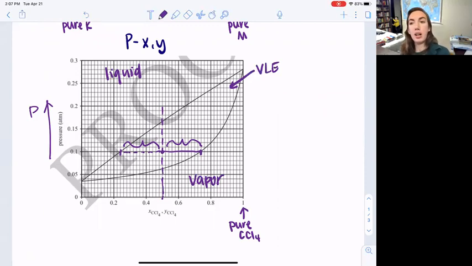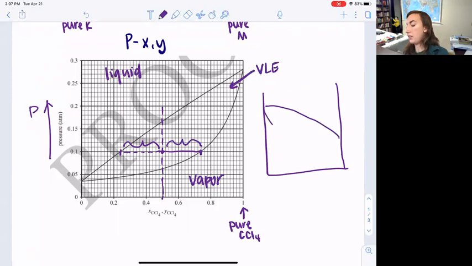The one caution that I would give you is don't try to remember if liquid is to the right or to the left. Always think of up and down. So it's always going to be true that liquid is favored at higher pressure. But if you think about it, I could just as easily have a PXY diagram that goes the other way, so it's angling up to the left instead of up to the right.